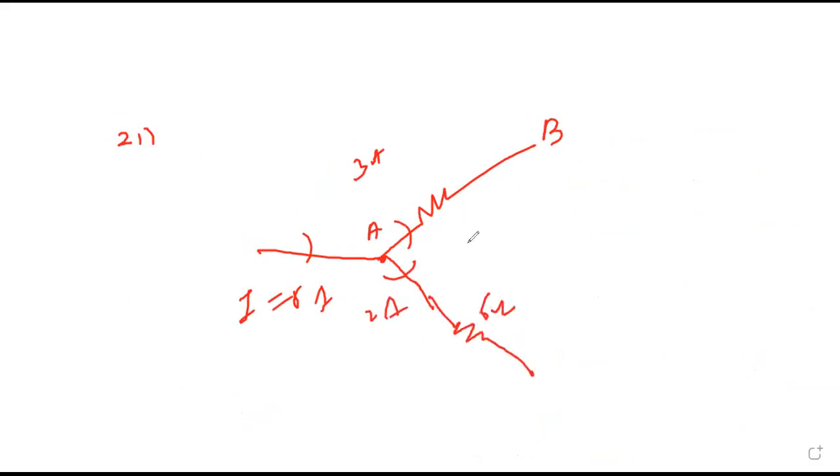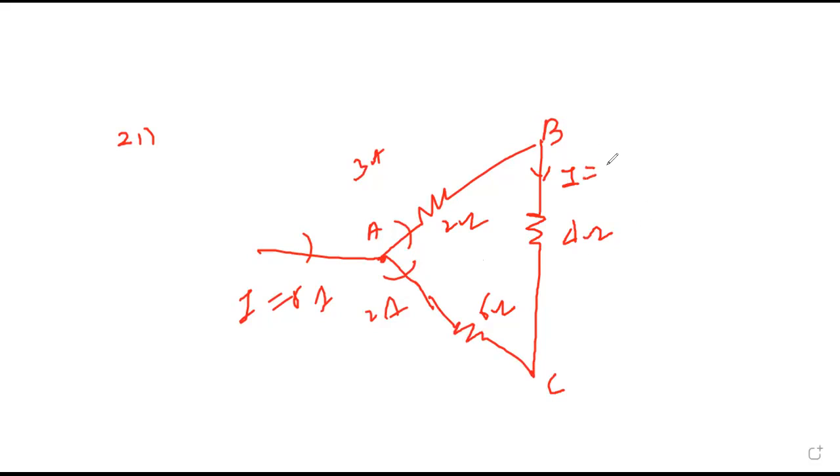This is 6 ohm, 2 ohm, 4 ohm. This current 2 comes here and flows through this circuit. Find the current I flowing through the 4 ohm resistor.